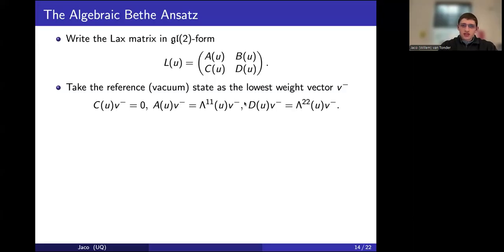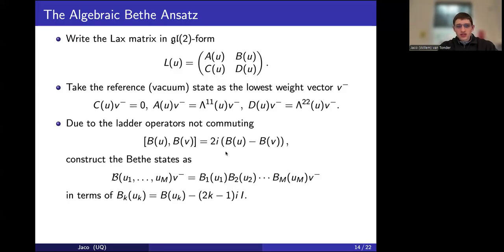And then we simply take a reference state to be a lowest weight vector. So it will be killed by the so-called lowering operator, and then it will be an eigenstate of the diagonal components.